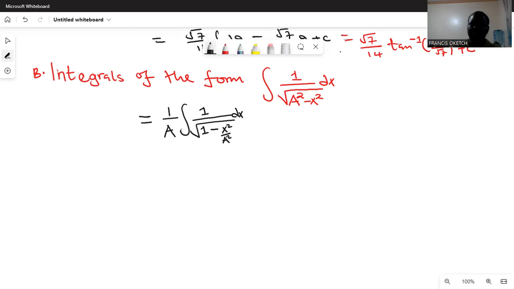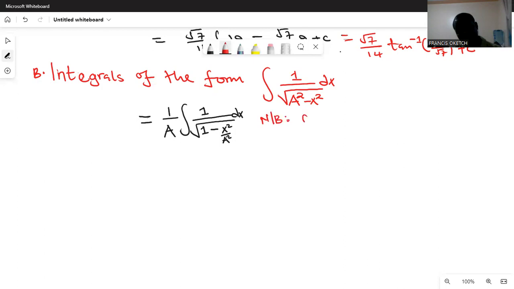Now, I want us to recall the trigonometric identities, because we want an identity where 1 minus a certain function squared gives us another function squared. So let us recall the first identity that you need to take note of.